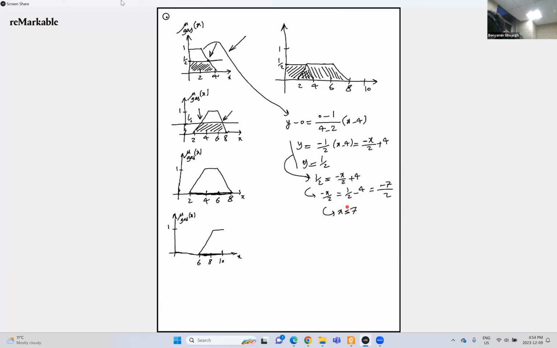X equals, no, obviously I made a mistake. Let me think, because x definitely needs to be between 2 and 4, and I think it will be 3. Just give me a second to double check my calculations. Oh, yes, here I made a mistake.